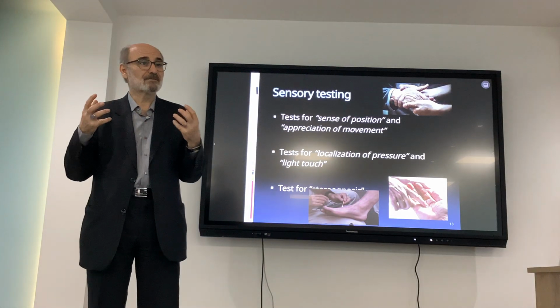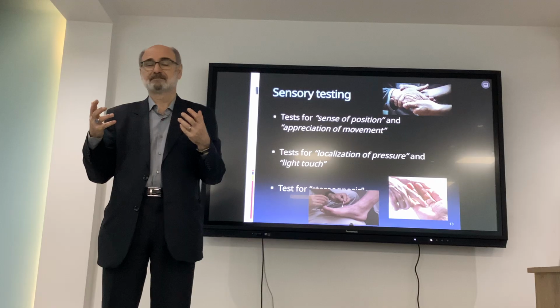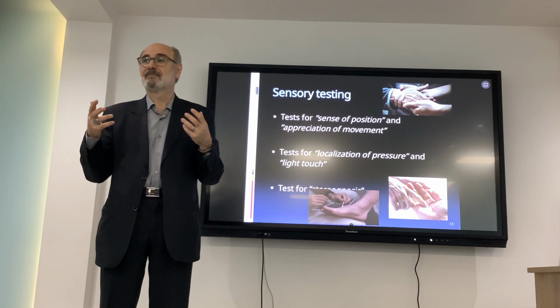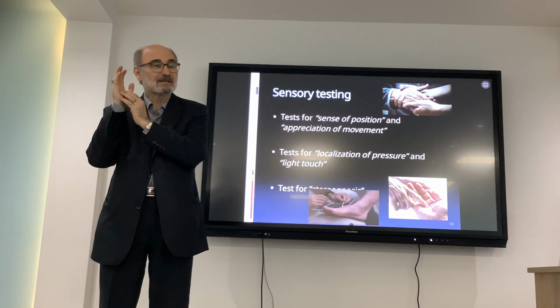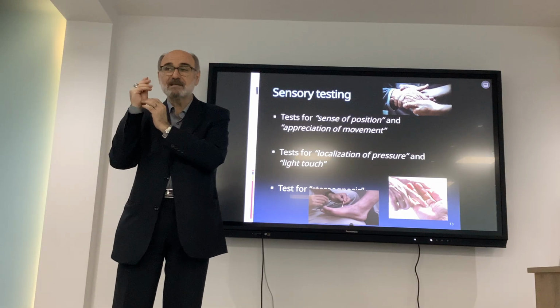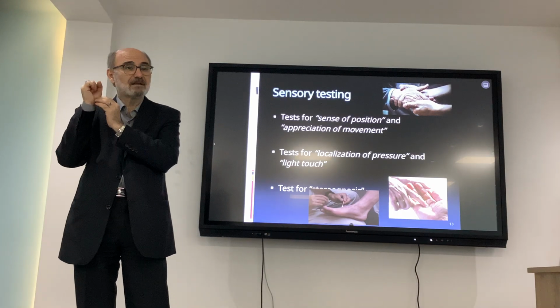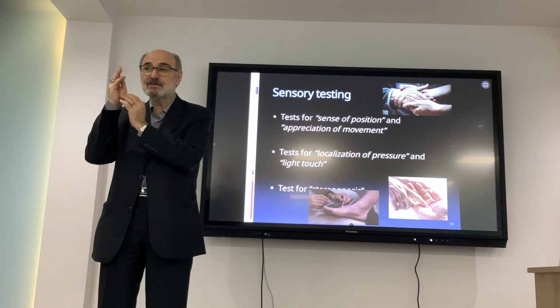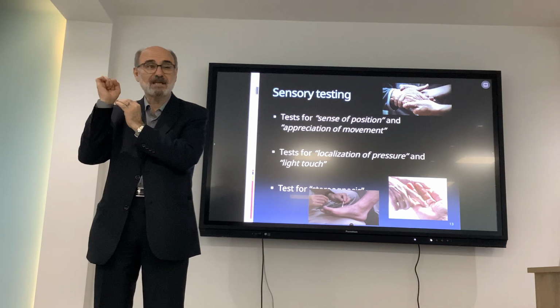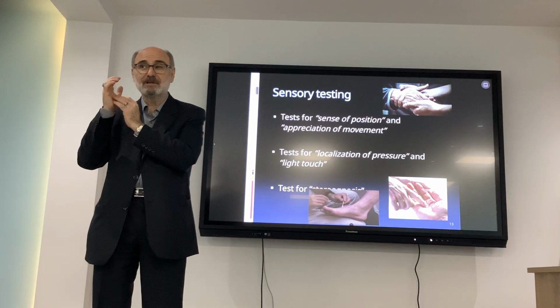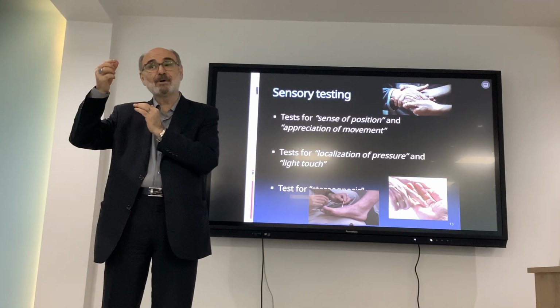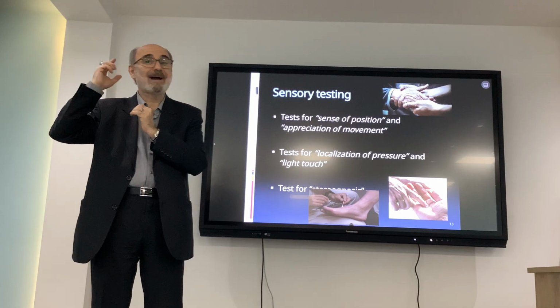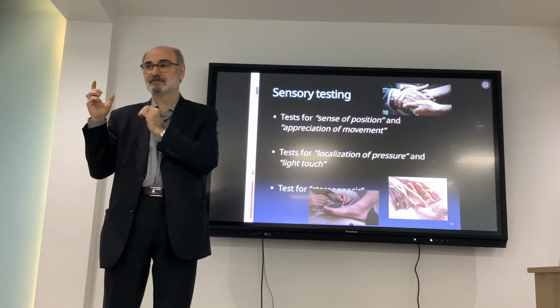What is stereognosis testing? Not proprioception, it's touch. It's trying to perceive, to recognize, to identify the object with touch sensation. Therefore, the processing of the signal is evaluated in the parietal lobe of the brain.